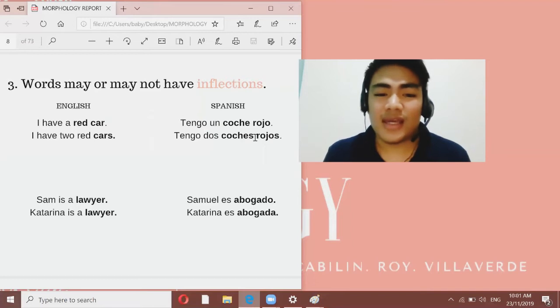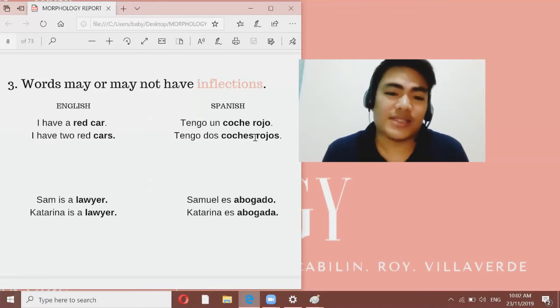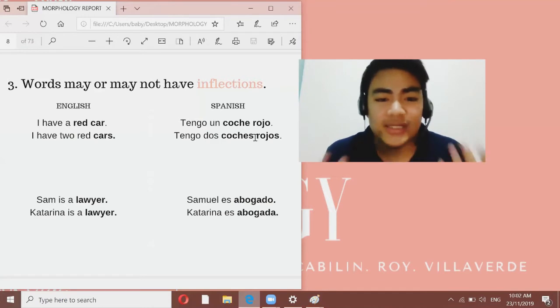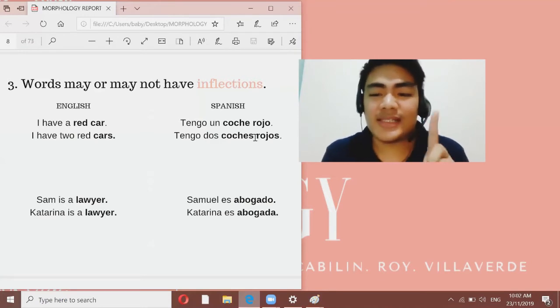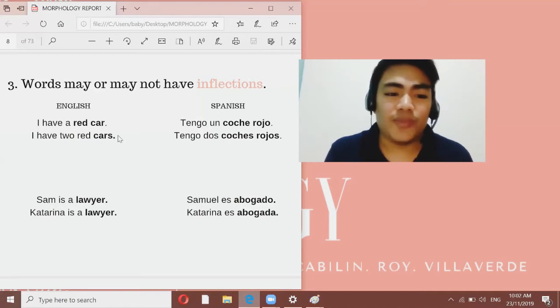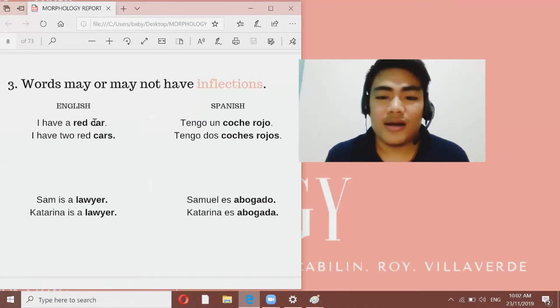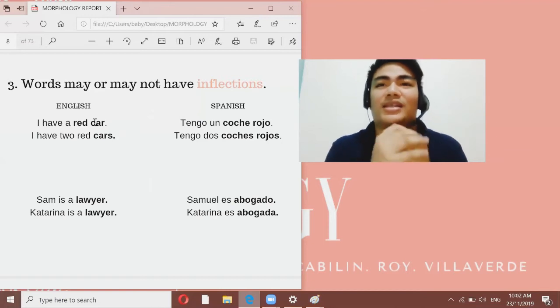Okay? The thing is, they both undergo the same process of pluralization, but there is a slight difference between the two. In English, we only pluralize nouns like car and tree and chair.